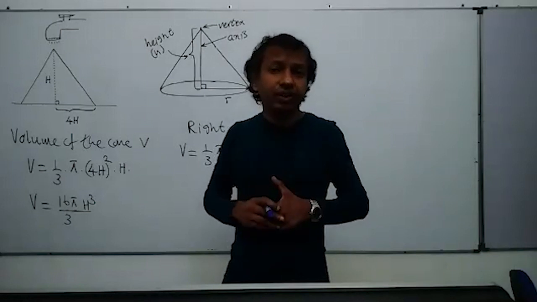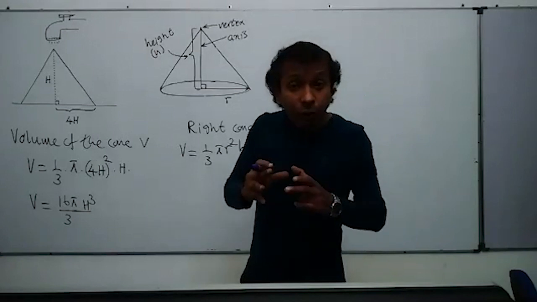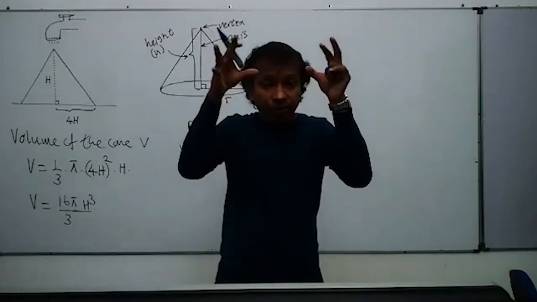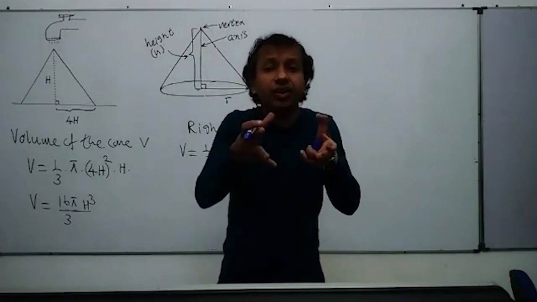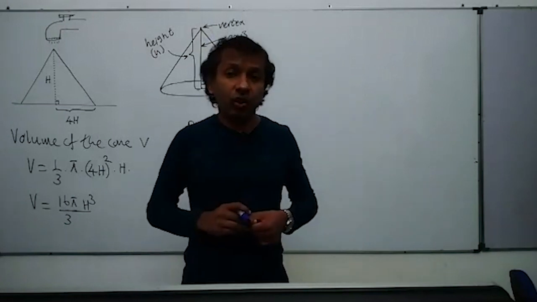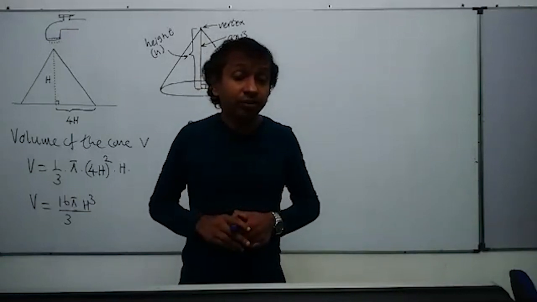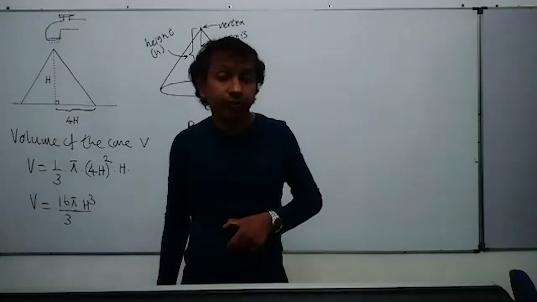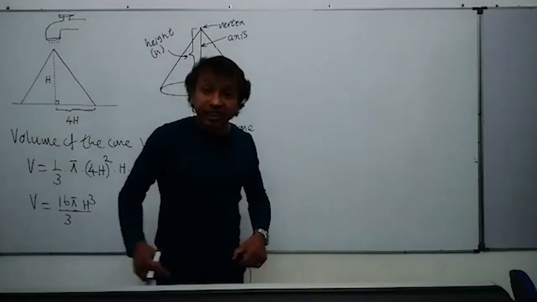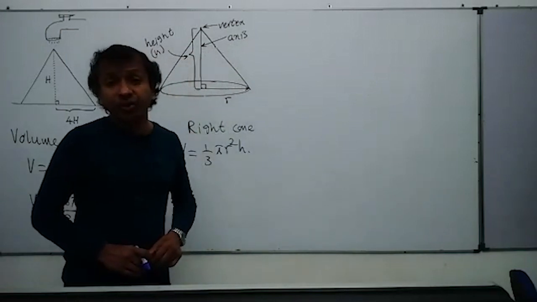In 1 second, the volume of the sand cone increases by what, people? 8 cubic centimeters, because the pipe of course adds to the cone. That is the rate of increase of the volume of the sand cone.